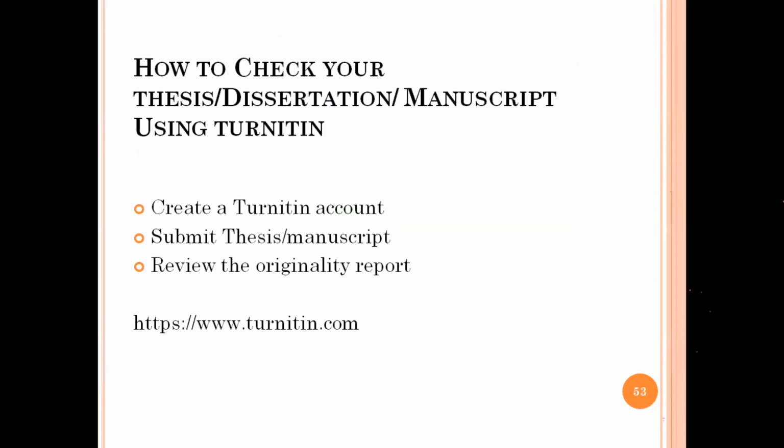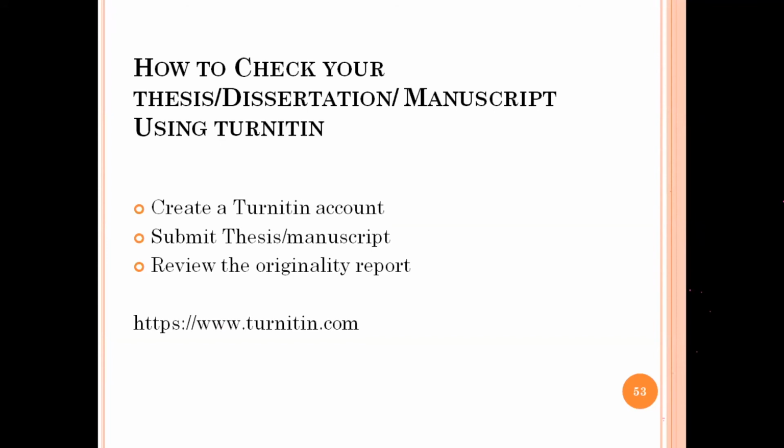So to use Turnitin, you need to first create an account. Just at the beginning, someone asked about getting a Turnitin account, but for the student, you need to ask the library to create it. They will create an account for you, and they will give you an ID and password.